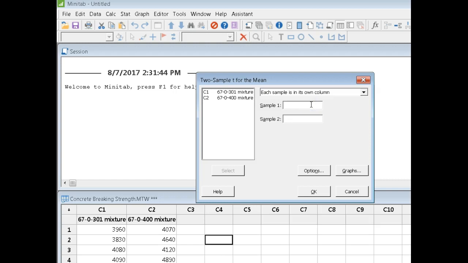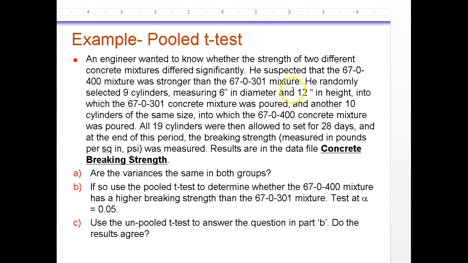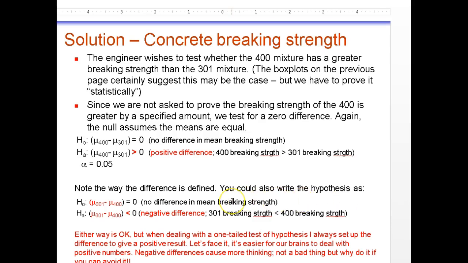In the example, the question was to determine whether the 400 mixture has a higher breaking strength than the 301 mixture. And as I said on slide 37, I would set that difference as the 400 minus 301, because then I'm expecting a positive difference.